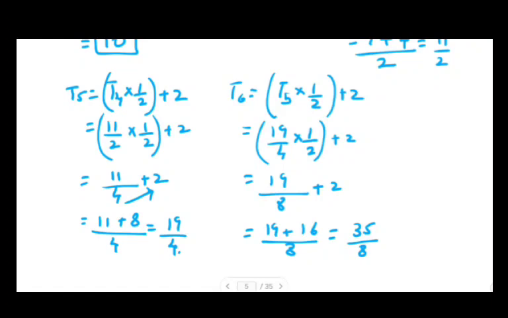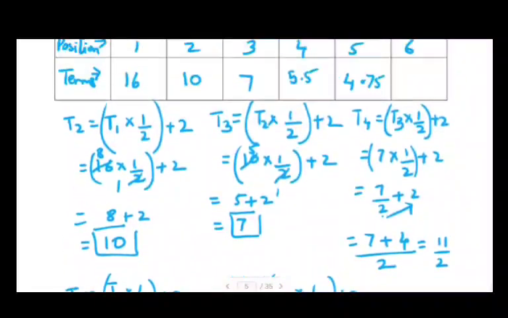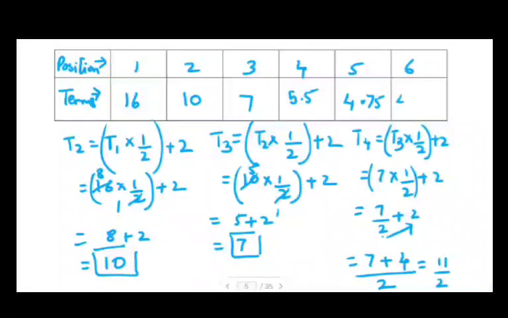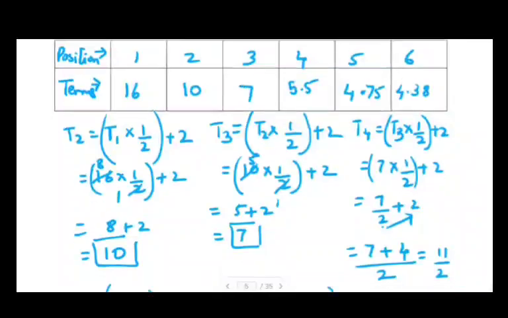Okay, now 35 divided by 8 is 4.375. So I'll write it as 4.38, rounding off to 2 decimal places.